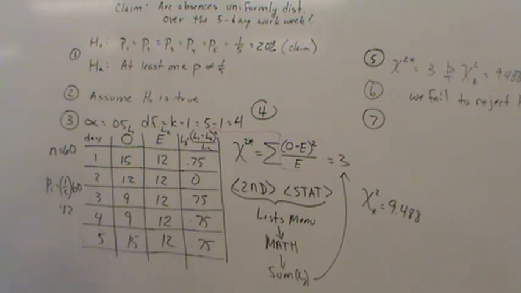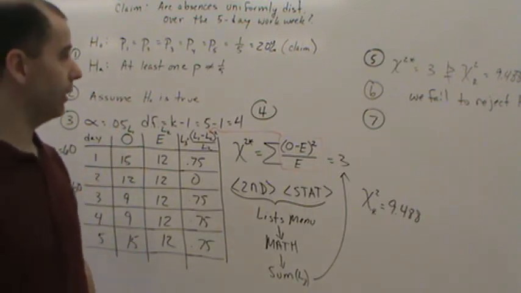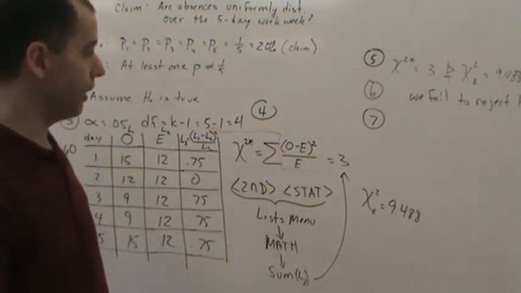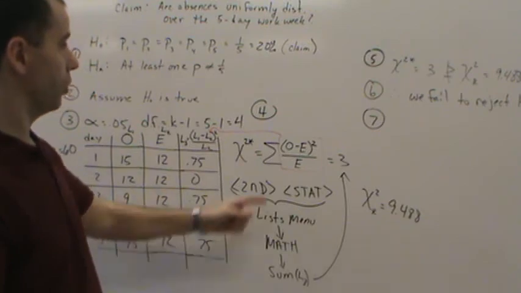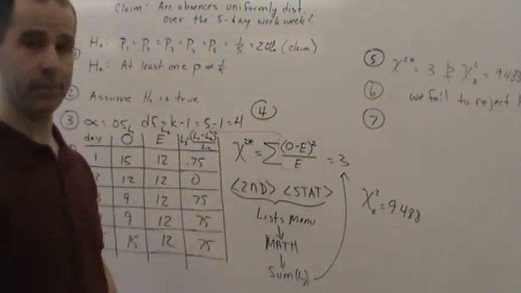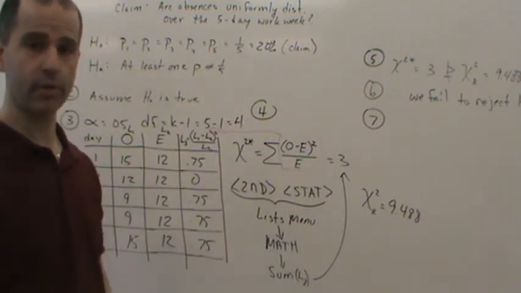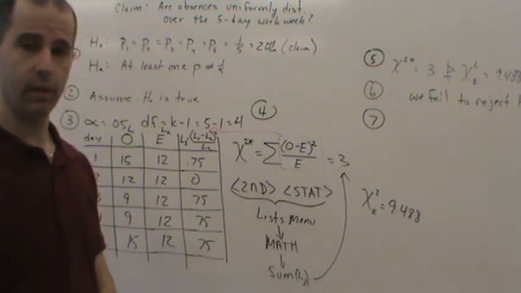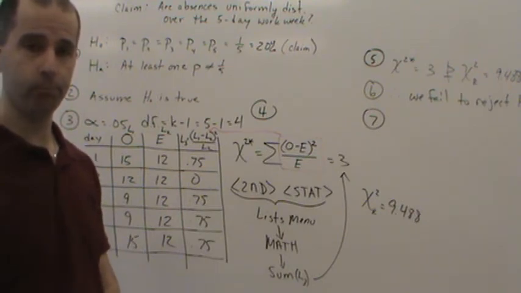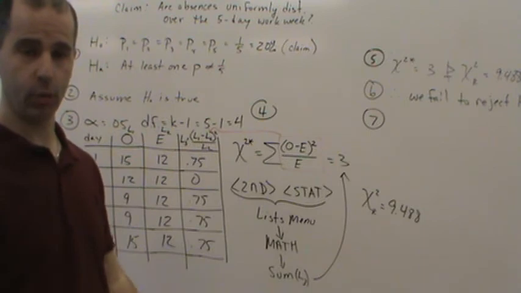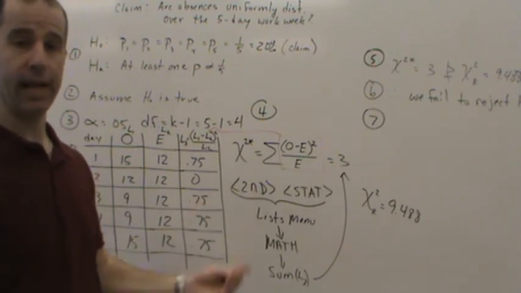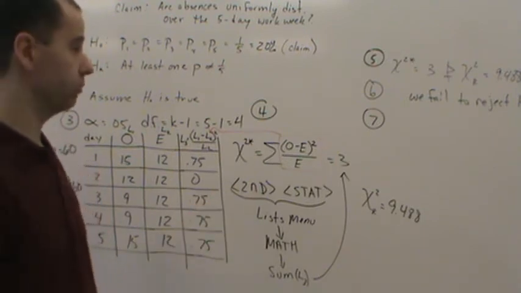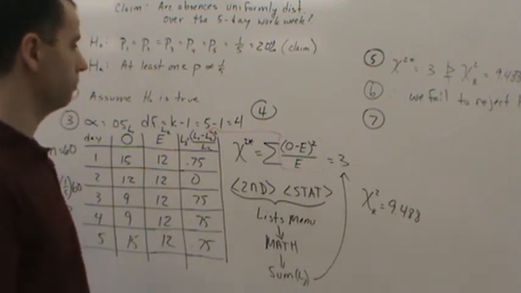Okay? So at an alpha level of 0.05, there is not enough evidence to reject the claim that absences are uniformly distributed across the 5-day work week. In other words, the data fits the claimed distribution based on the data.